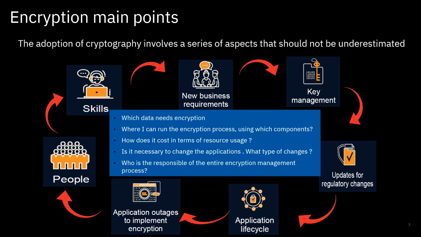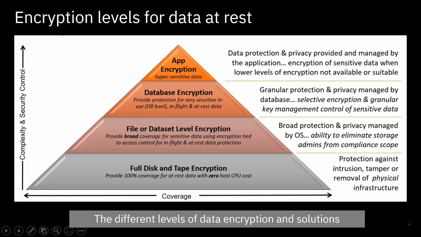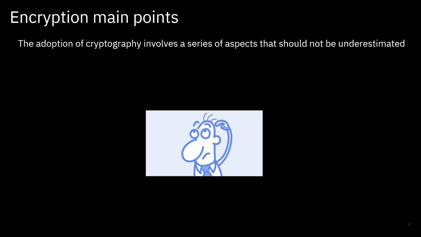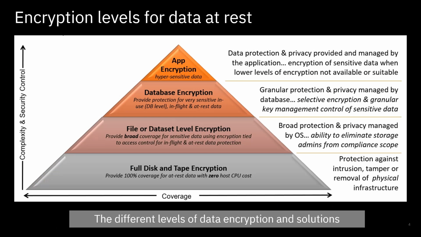For data in flight on the network, we already know the adoption of encryption in SSL, TLS, and TTLS protocols. But regarding data at rest, we had some news in recent times. I'm referring to the famous IBM pyramid that you have most likely already seen in other occasions.